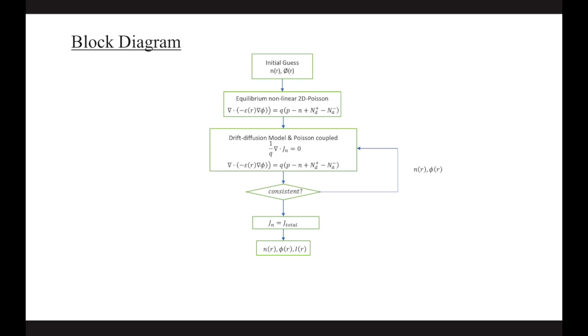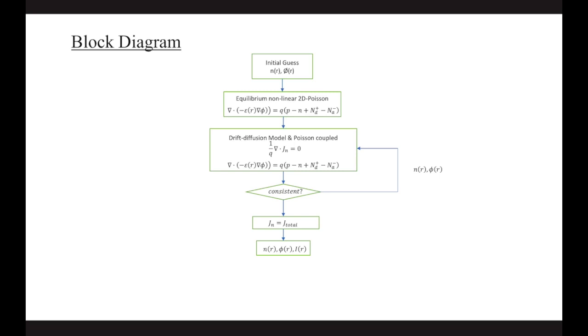Then in the next step we start from the equilibrium and apply a voltage at the contact. The whole coupled system is considered. We perform this by following the drift diffusion model, which involves the coupled system of Poisson and electron continuity solver.